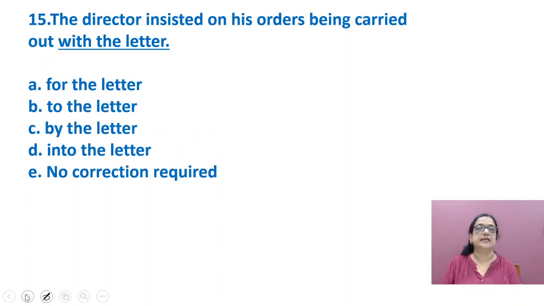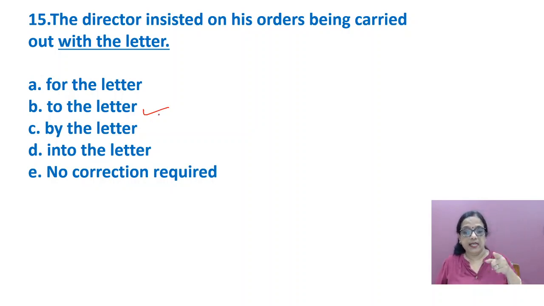Next sentence. The director insisted on his orders being carried out with the letter. Now here the correct use will be: the director insisted on his orders being carried out to the letter. That means they do exactly what they are told.